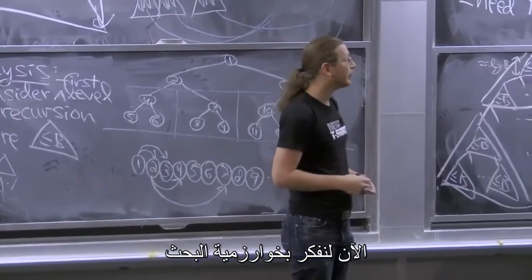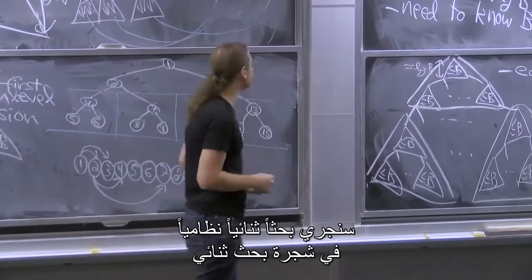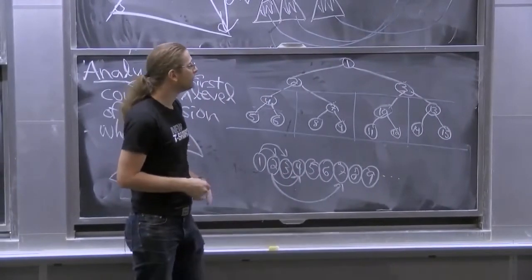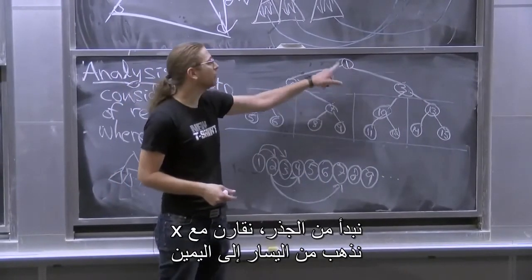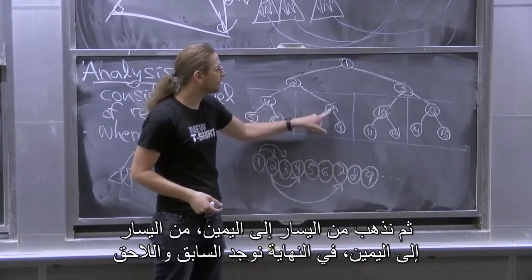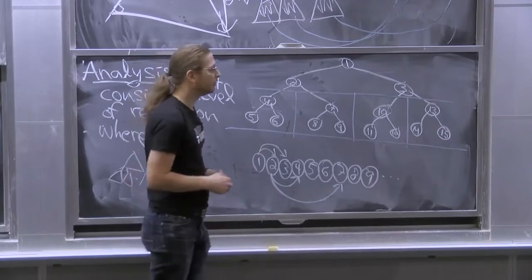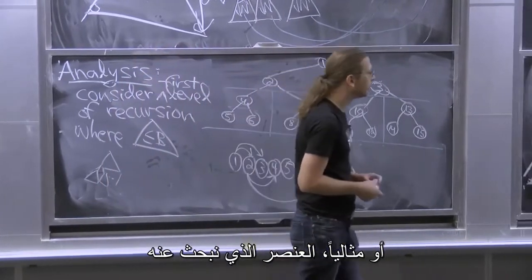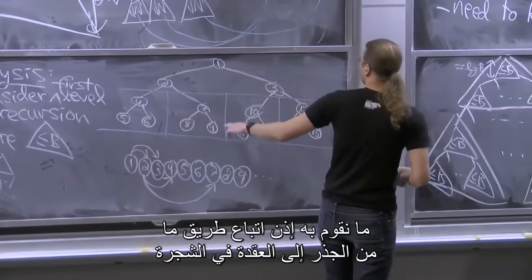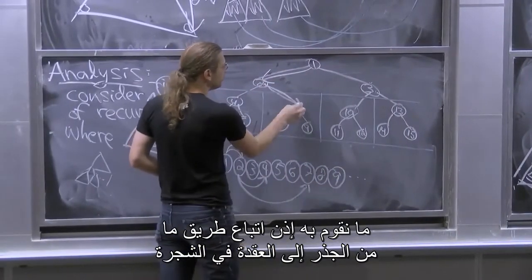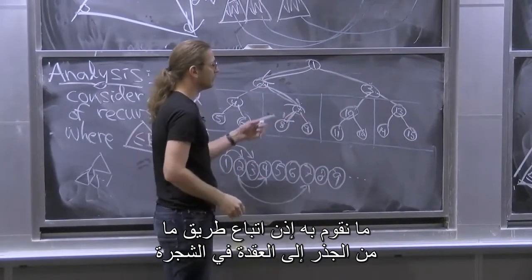Now, let's think about the search algorithm. We're going to do regular binary search in a binary search tree. We start at the root, we compare to x, we go left or right, then left or right again. Eventually we find the predecessor or the successor, or ideally the element we're actually searching for. So what we're doing is following some root to node path in the tree.